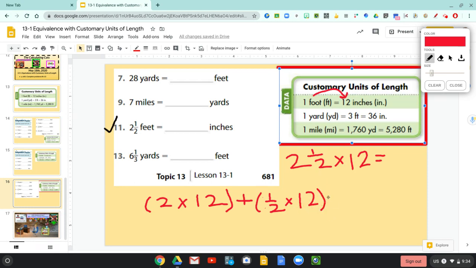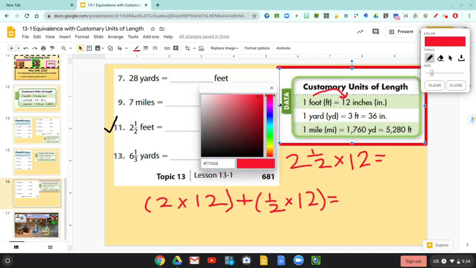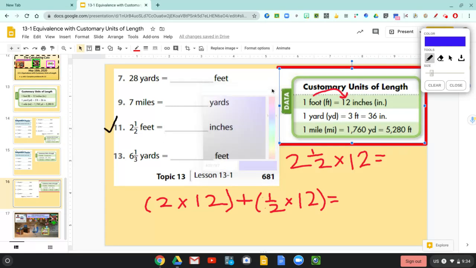So let's see what we have here. Just to review real quick what we did, remember the distributive property, we just broke apart the 2 and the 1/2. So we multiplied the 2 times the 12 and then the 1/2 times the 12. So 2 times 12 is 24 plus 1/2 times 12. So we're going to take the numerator times the whole number. So 1 times 12 is 12 halves.